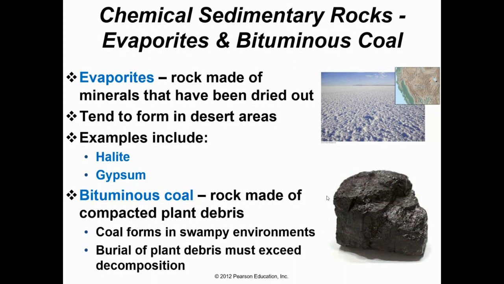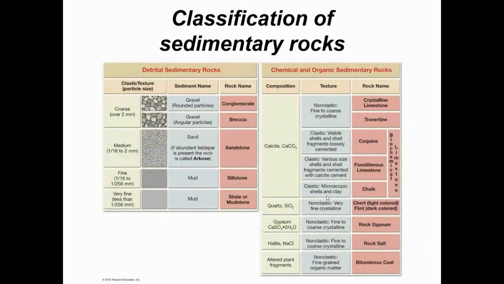And then bituminous coal. Okay, so we already talked about how that forms. So swampy environments, the woody carbon material dies and gets buried, and then basically undergoes compression and cementation and is turned into coal.